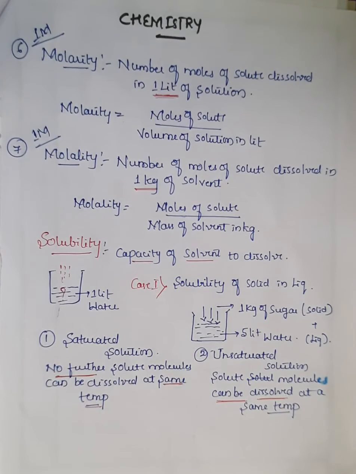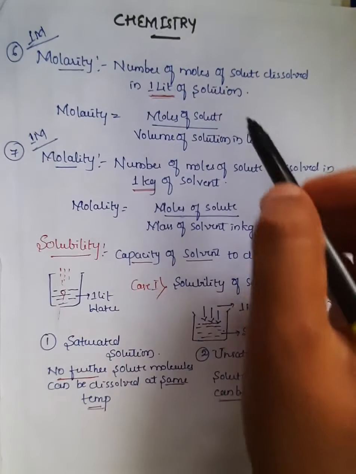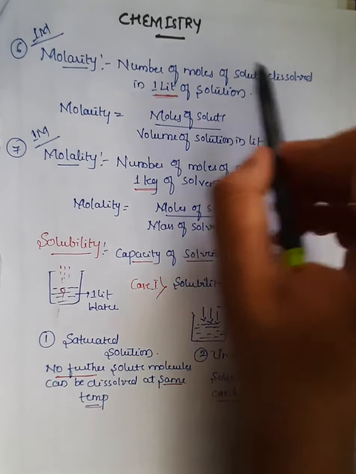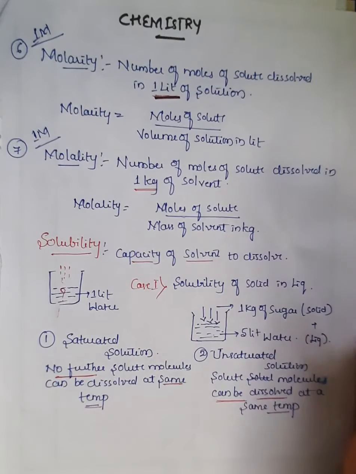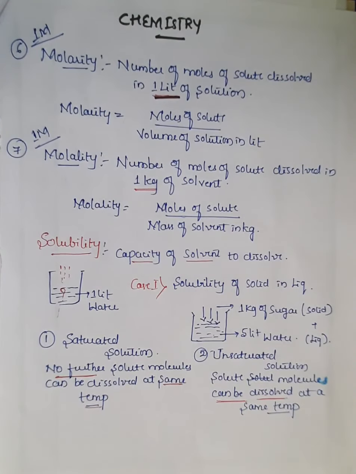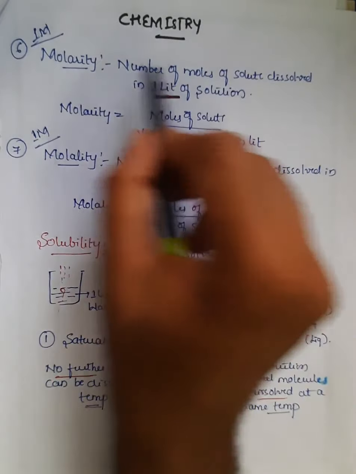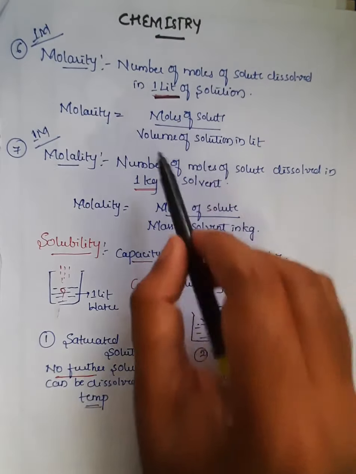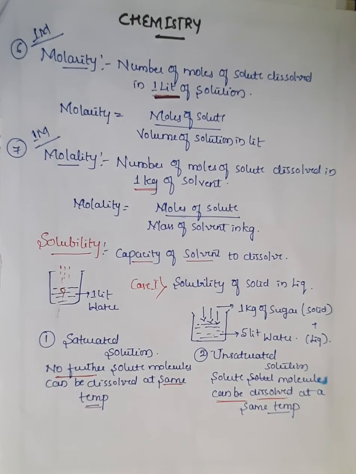Okay, the next important thing for expressing the concentration is molarity. Molarity we have already studied in first PUC. Molarity is nothing but the number of moles of solute dissolved in 1 liter of the solution. Therefore molarity is equal to moles of solute divided by volume of the solution in liters.